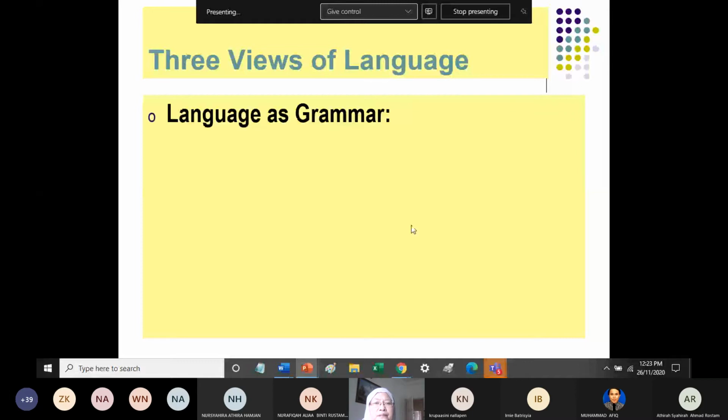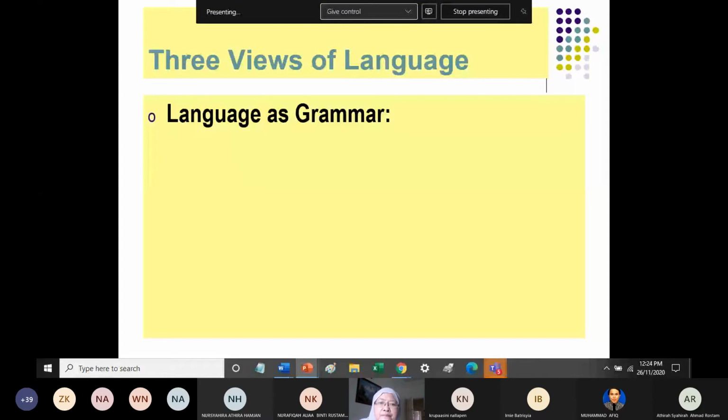So 3 views about language. One is language as grammar. So I can say safely that when I was talking to you about morphology, about syntax, about semantics, maybe semantics is half of it, that is language as grammar. Okay. So when we talk about language as grammar, it is formal, it is prescriptive, descriptive. Yeah, it is a system of rules.